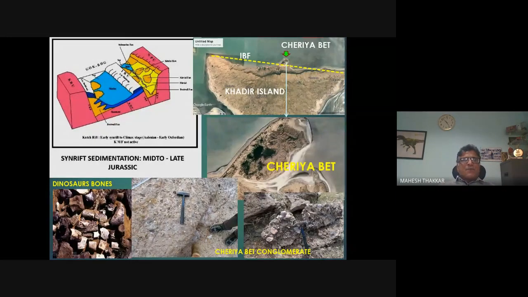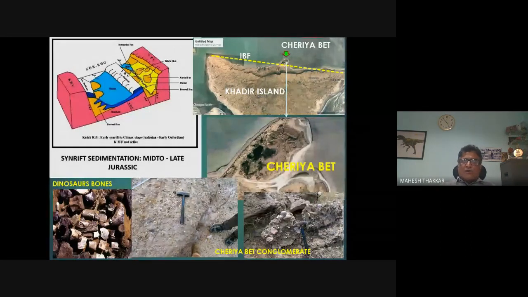This is the only place where we got the dinosaurian bones, because at that time this was open. In the Jurassic period, this was open, that means the continental part where the animals used to move. So maybe the dinosaur used to move on this Nagarparkar or the Aravalli Rift ridge systems, and that is why in this conglomerate we have the bones of dinosaurs.